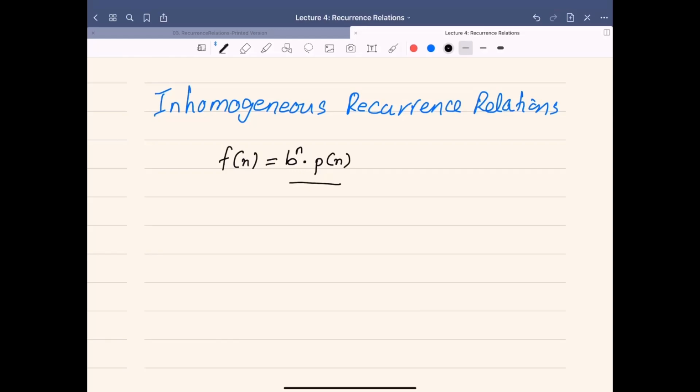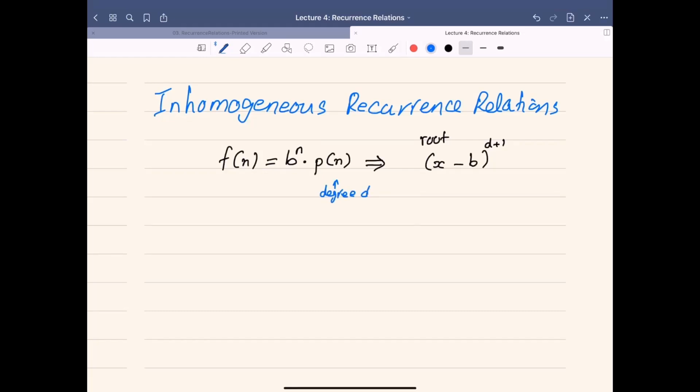So if we have it in this form, then the root will be equal to (x minus b) raised to power d plus 1, assuming that the polynomial has degree d.